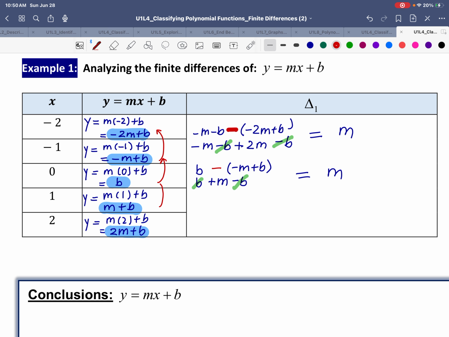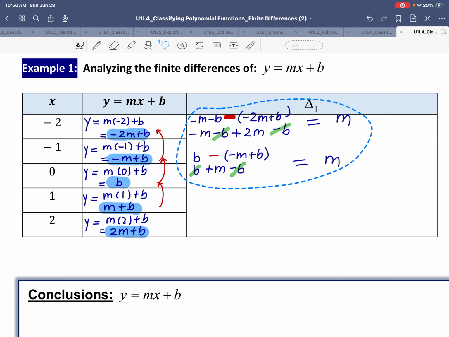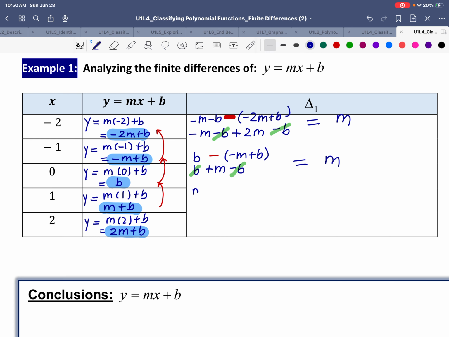You're probably not surprised, we've seen this in grade 9 as well, but it's good to refresh our memory. Next, we have m plus b, and then subtract b. We are subtracting only one term, no brackets are needed. The b simplifies again, so we're getting the value m.